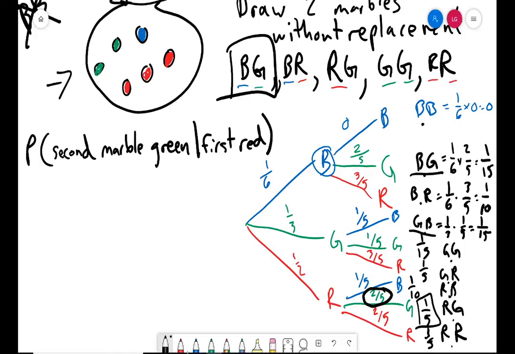It's different than even asking what is the probability that the second marble is green, because there you don't know that the first marble was red, right? You then would have to add up this 1/15th, this 1/15th, and this 1/5. Those are the scenarios where the second marble was green. The second marble is green, given the first one is red, is only this one, and it's only caring about these scenarios right after this.